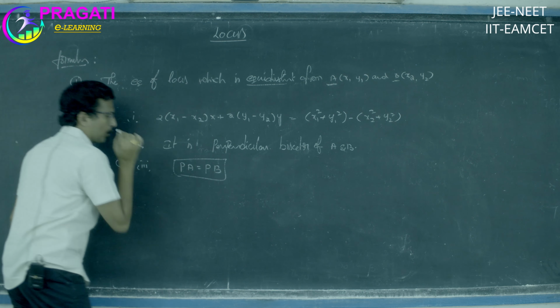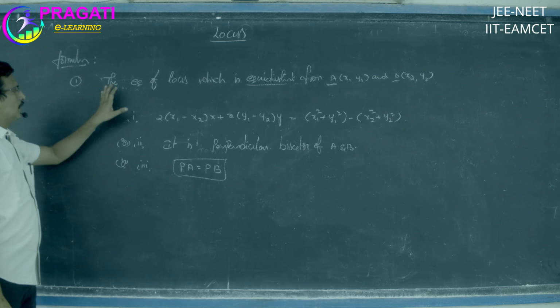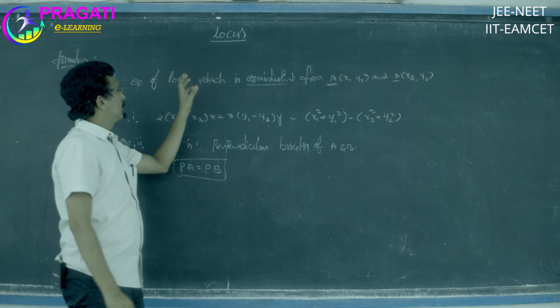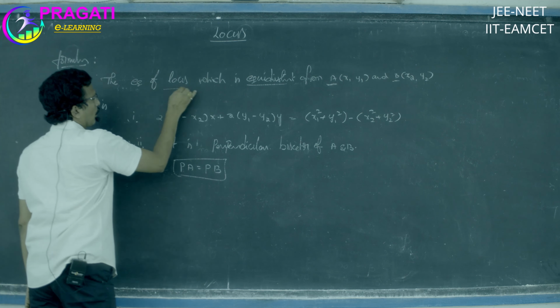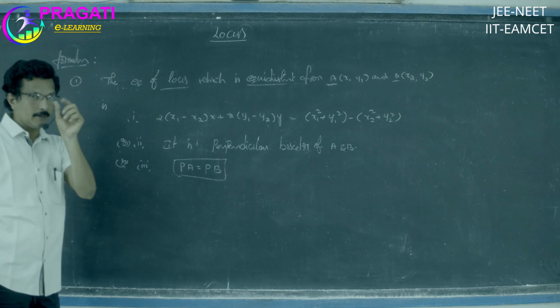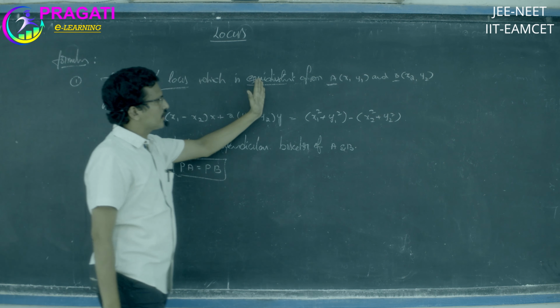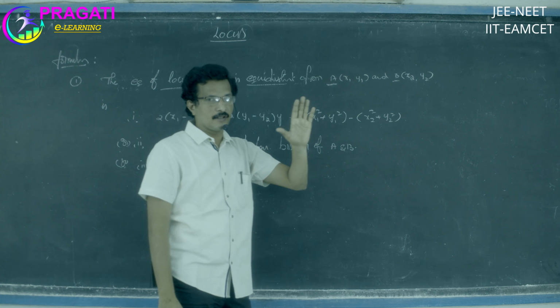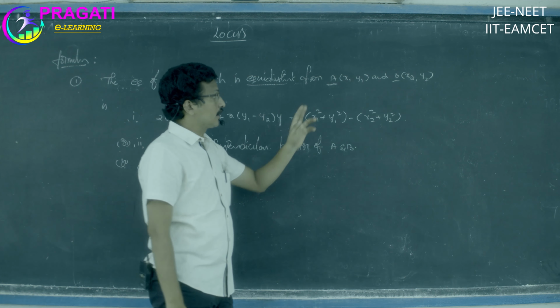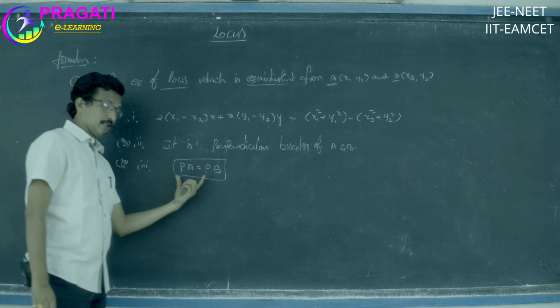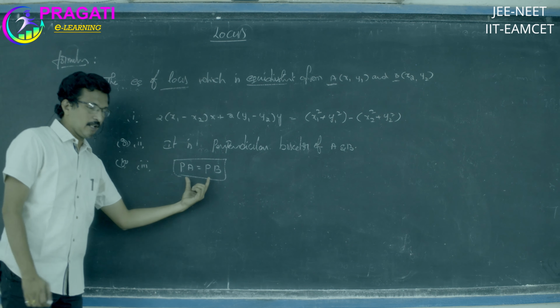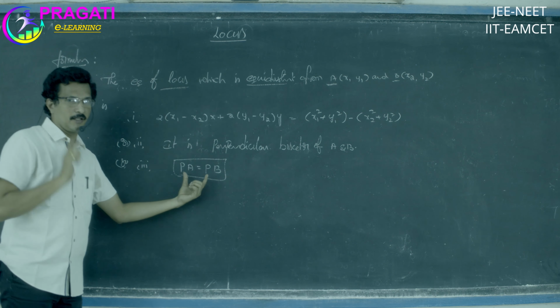It is the IPE model. So the equation of locus, here you observe that the locus of a point is denoted by P and P is equidistant from A and B. That means the distance PA is equal to the distance PB. Here the synopsis is used only in IPE.